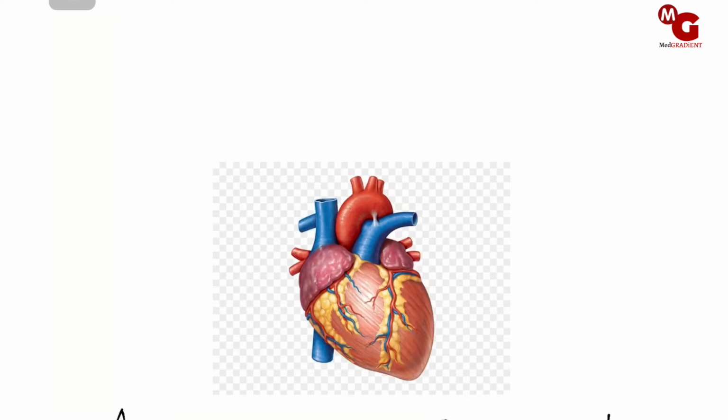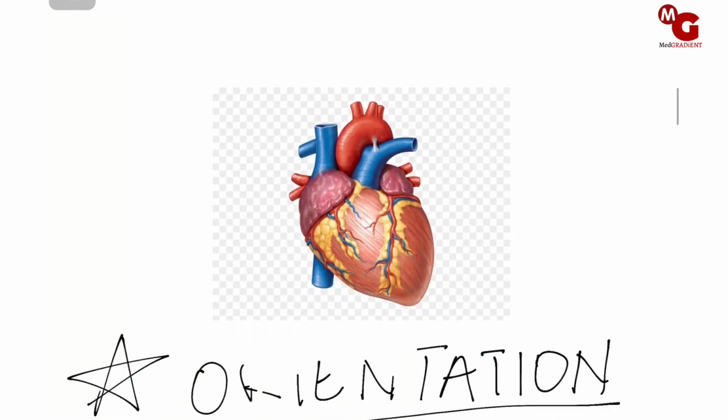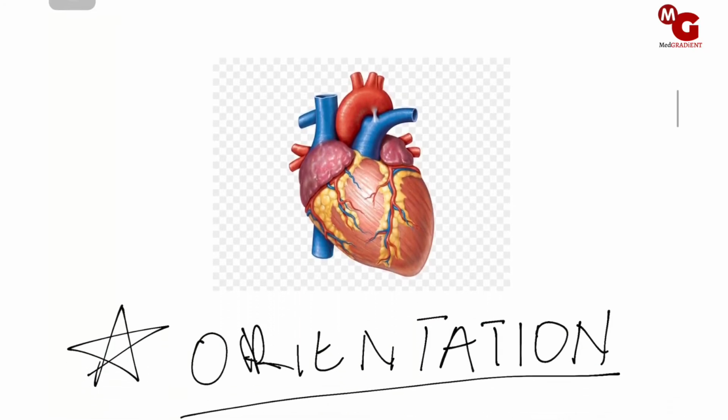Here I want you to understand that the picture is given without labels for a purpose, and the purpose is that you have to learn something called orientation. Orientation means that you have to orient yourself for the given image.